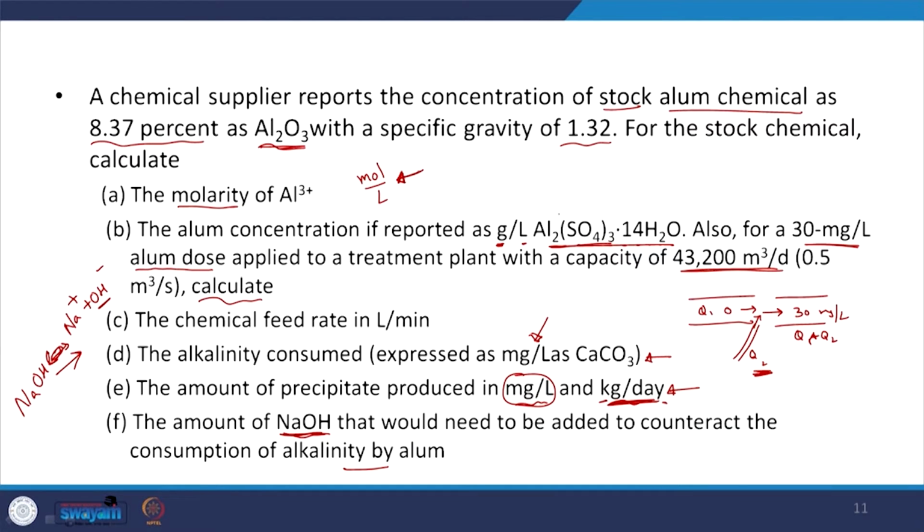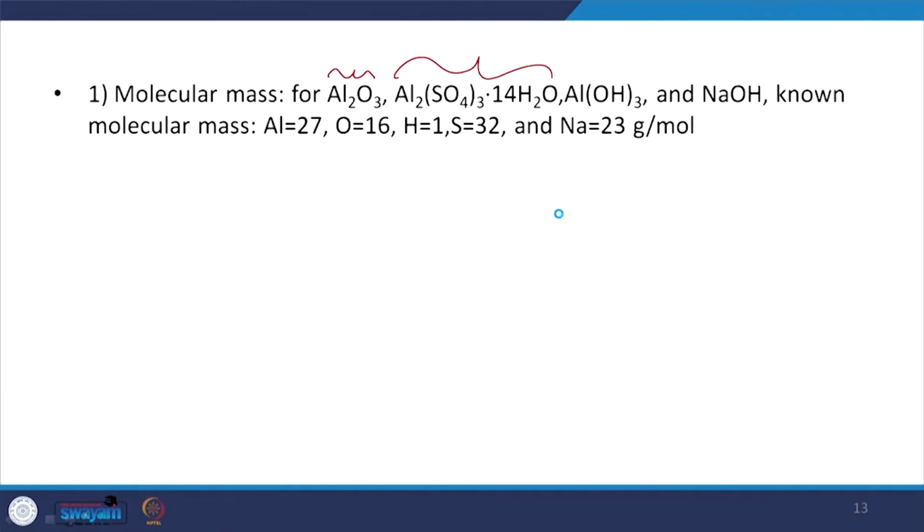How much of this will have to be added if I want to get a similar effect? And again, this is the solid. So, this is the solid in this context, it is not the complex. Again, we will calculate the molecular weight, and also of NaOH. And for that, molecular masses of the relevant elements, Al3 plus, sulfur, sodium and such, we have them.